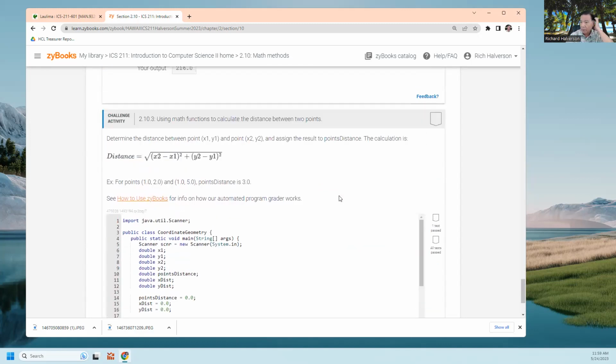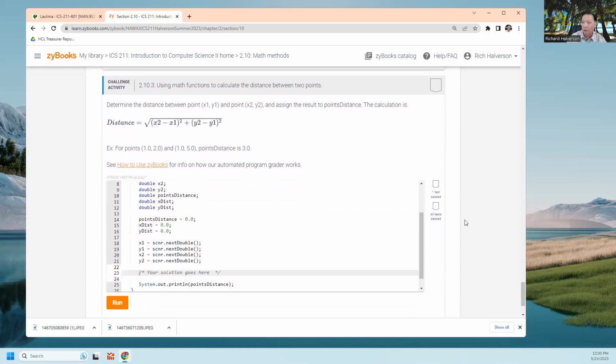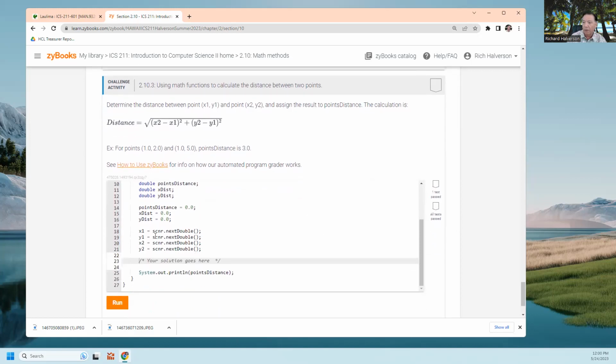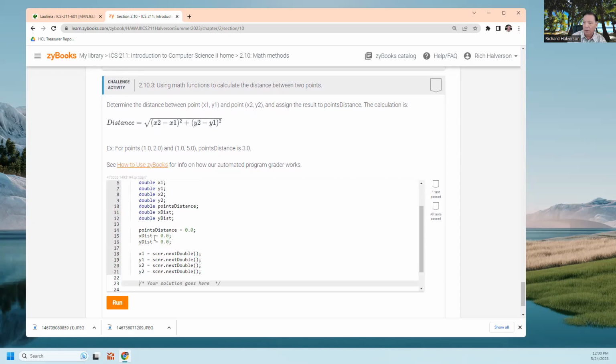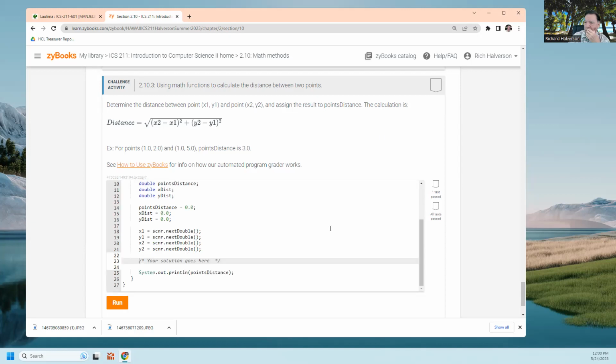Oh, there's one more. Distance. Now they really try to get you, don't they? Well, we got all these here. We got x1, x2, y1, y2. They were read in. We initialize. Why do we have that? Oh, distance between this point is the result of that.